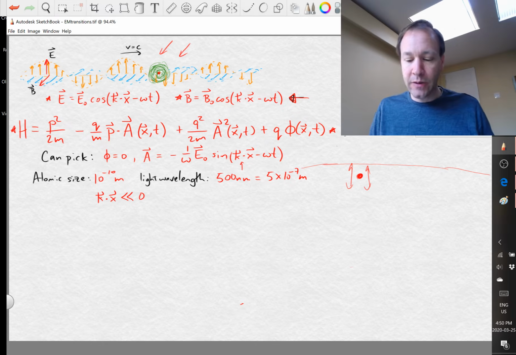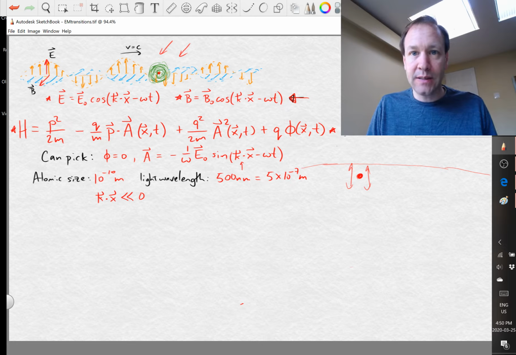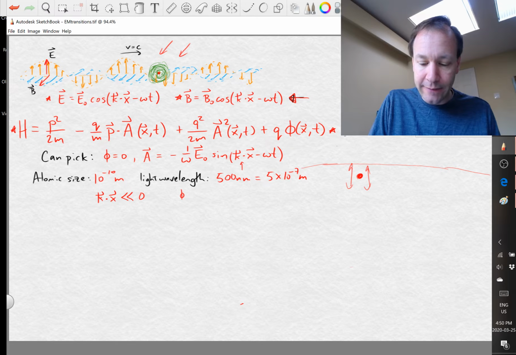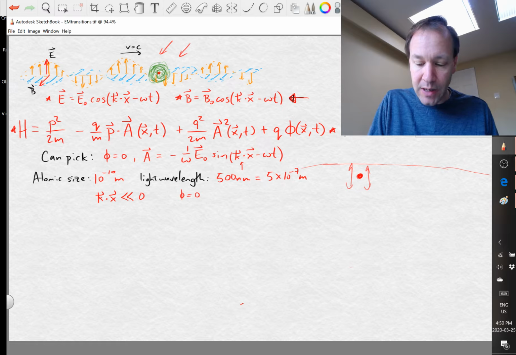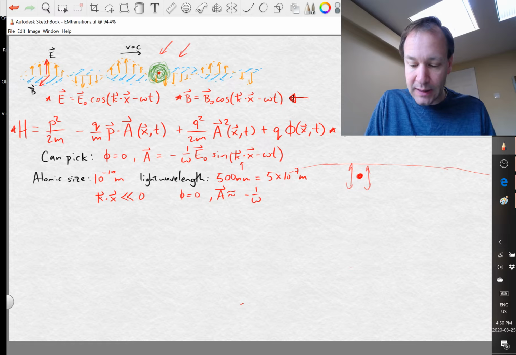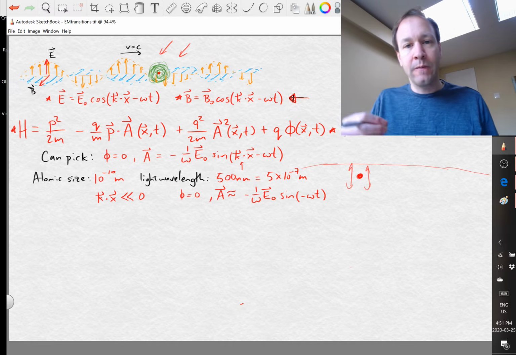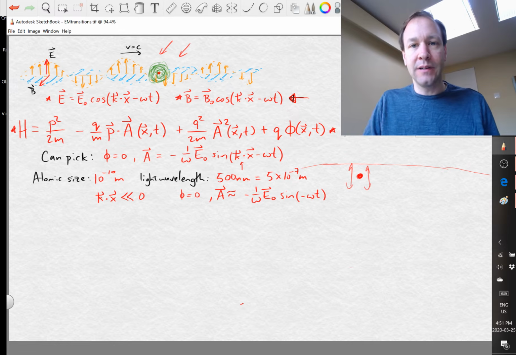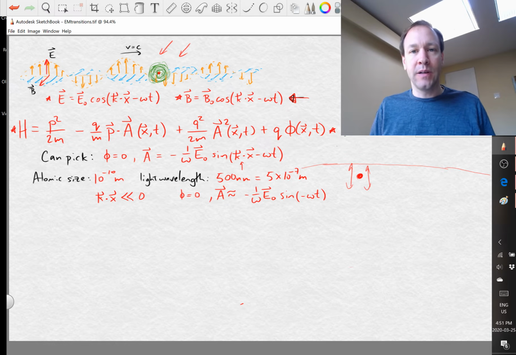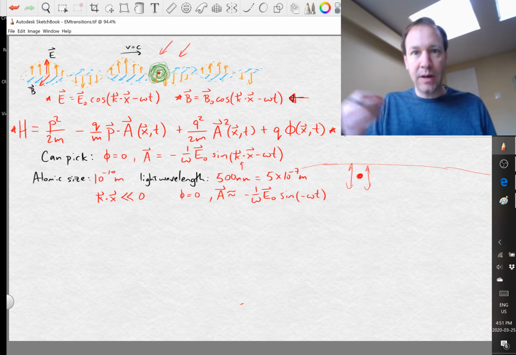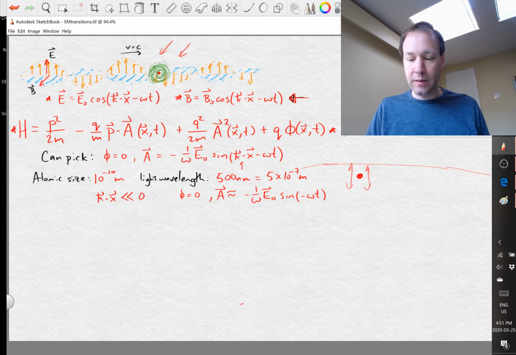Okay, and so if we use that approximation, then we still have phi equals 0, but now we can approximate A as minus 1 over omega E0 times sine of minus omega t. So we're saying that the k dot x term in that expression, for all the likely positions of your electron in your molecule, is going to be very, very small, and so we're just going to ignore it compared to the omega t term.